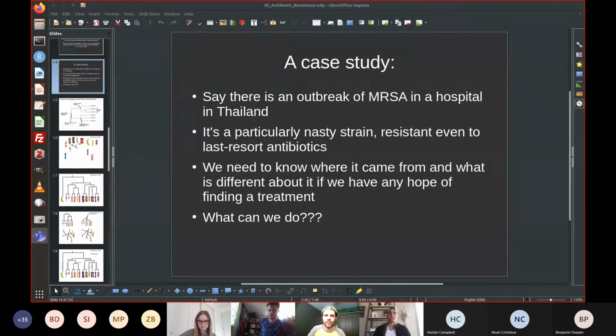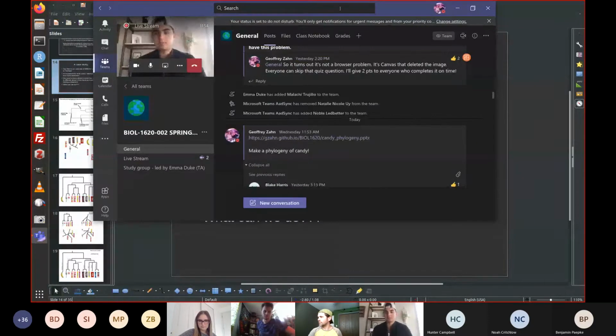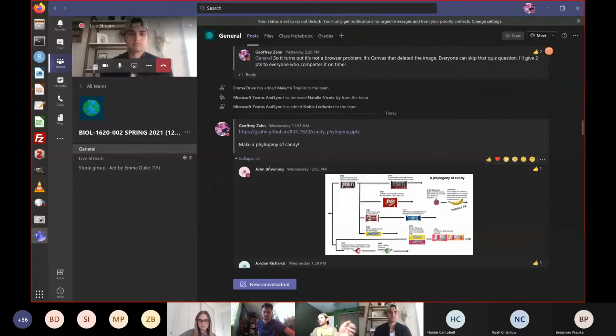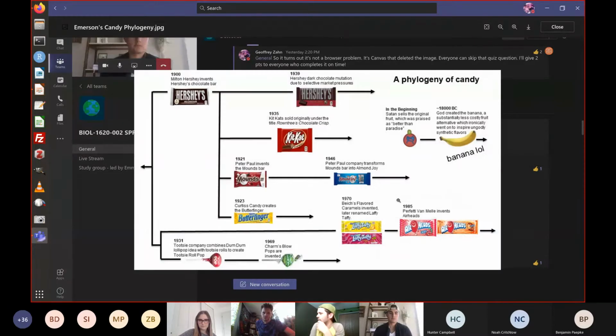There they are. Okay. So major points for creativity here. We've got a little timeline thrown in, appearing to use real data to construct a phylogeny.